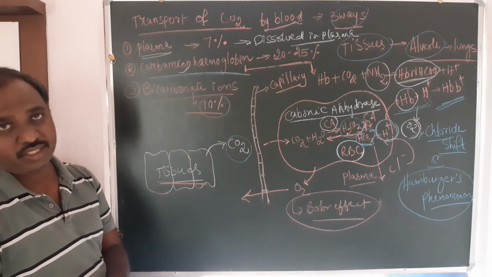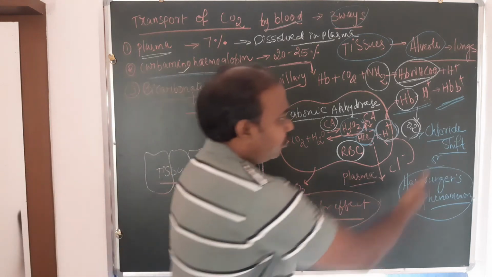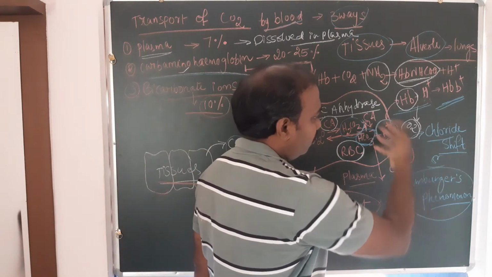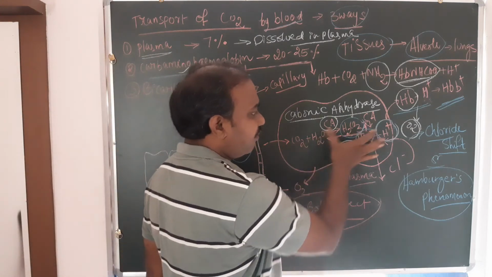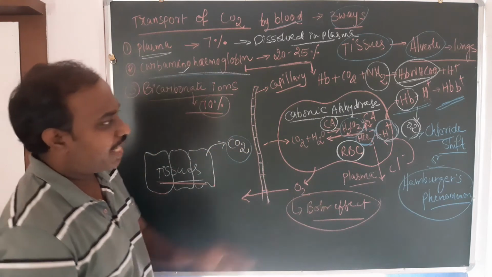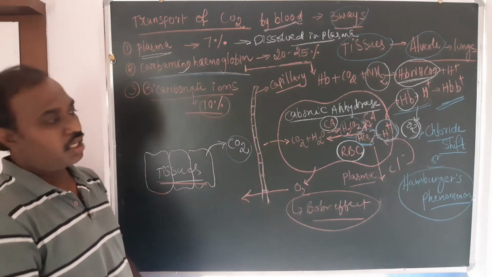The dissociation concept is called the Bohr effect, and the chloride shift is related to the shifting of ions. Now what happens? This reaction is a reversible reaction. This has taken place at the site of tissues.